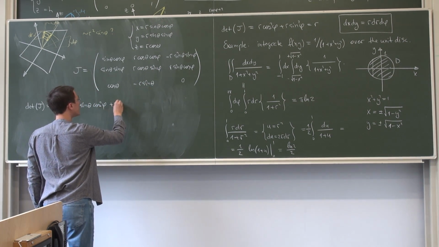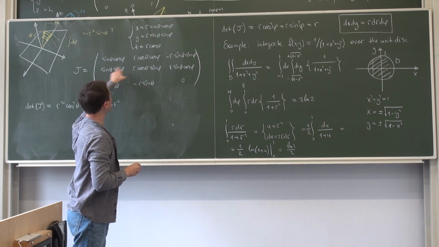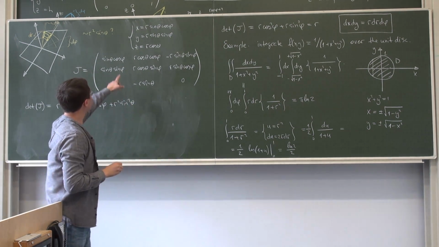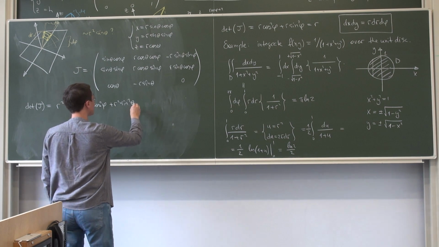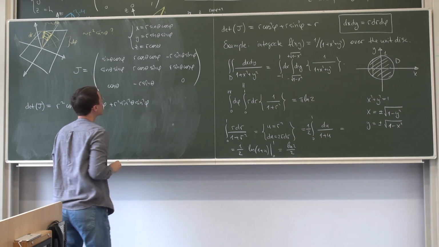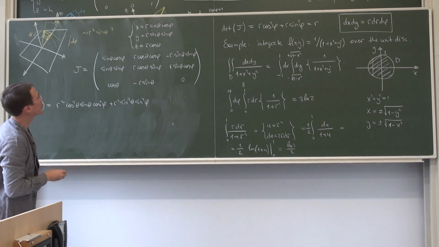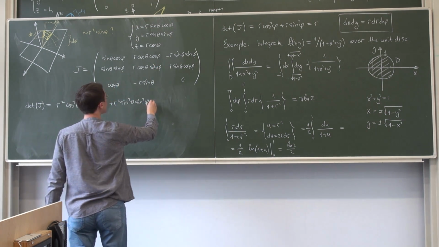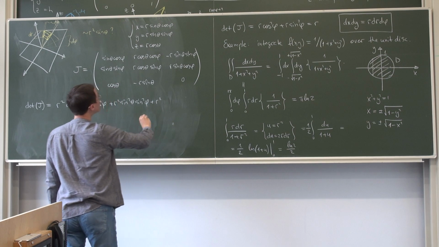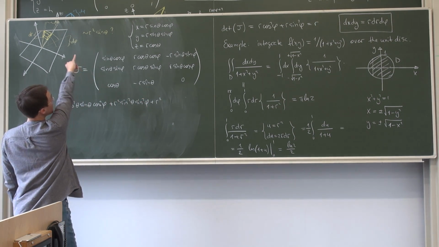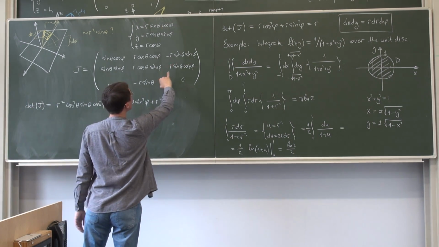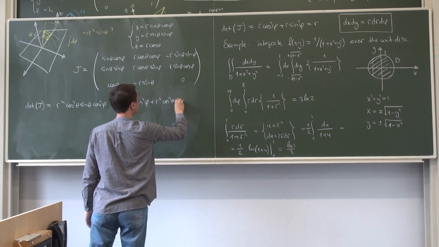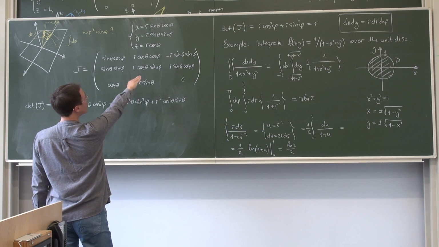It is r squared, then sine cube theta, and sine phi, sine squared phi. Okay, on the counter diagonal, we have that. Would have been with a minus, but we have a minus in here, so another plus. Then r squared. You can see r squared is making an appearance everywhere, so we were probably right in that. Then sine theta, cosine theta, so cosine squared theta, sine theta, and sine squared phi.